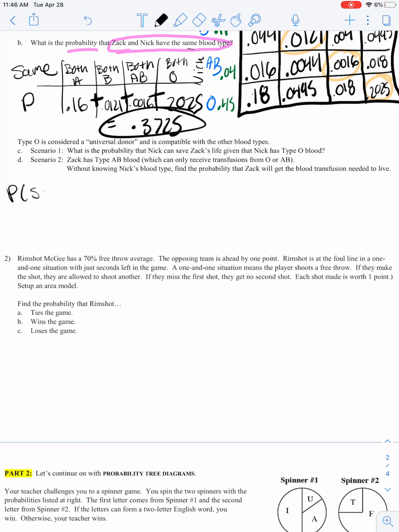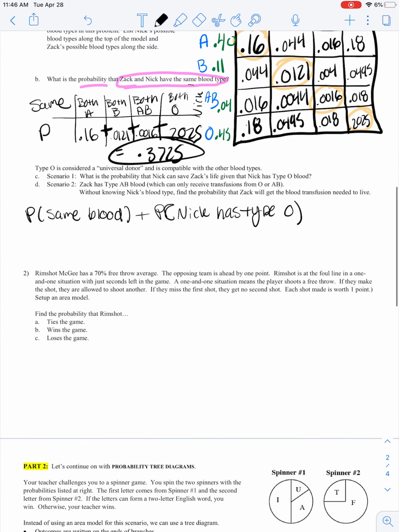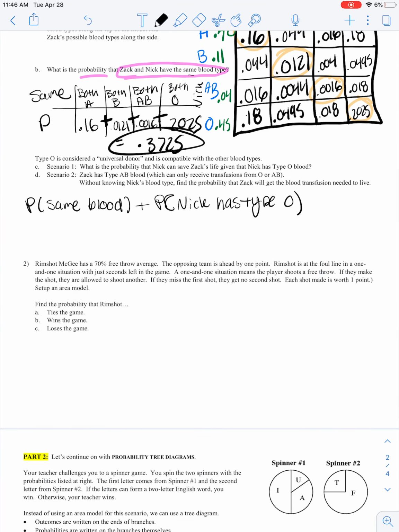The probability of having the same blood type plus the probability that Nick has type O. Now, we have to here think about an overlap because the probability of having the same blood type, we can look right up here. But we want to add in the probability that Nick has type O, but we'll have that number 0.2025 in there twice. So we need to subtract that out.